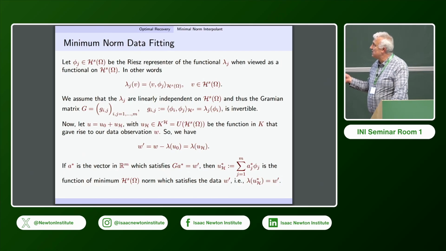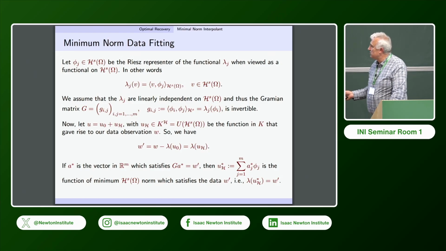If we assume that lambda j are linear functionals over the HS, everything is fine, we can have the Ritz representers and want to find these functions. When we find them, we can define the Gramian matrix, which comes from the scalar products between two representers, and then eventually solve the system with this as the main matrix.